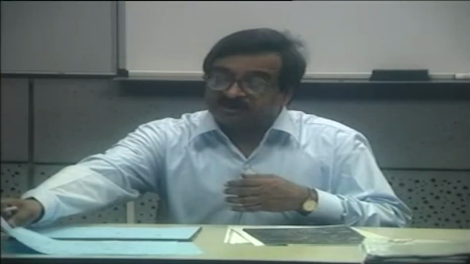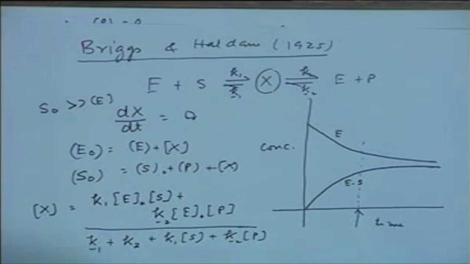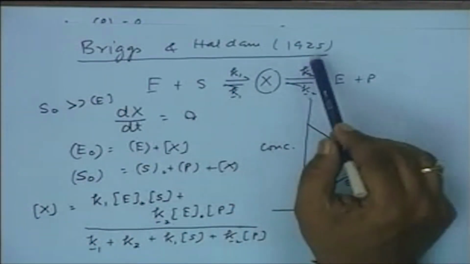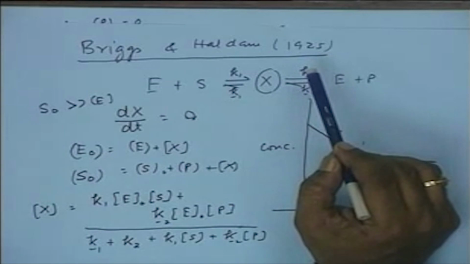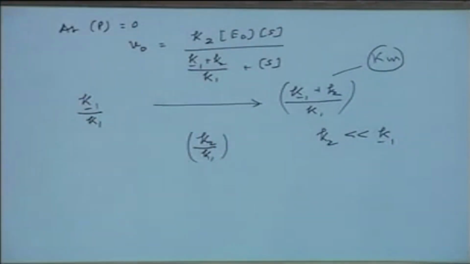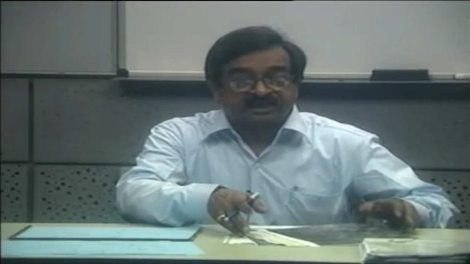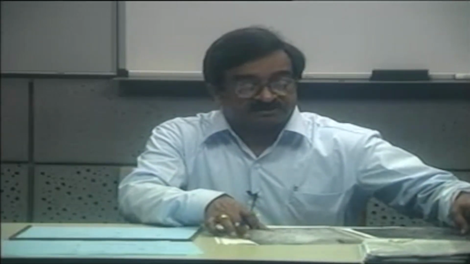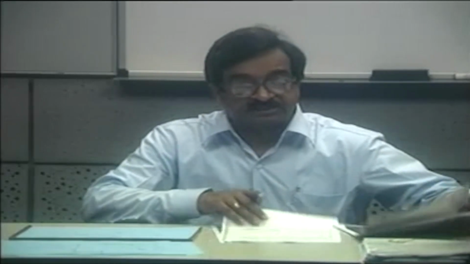The rate constant K2 is in some cases fast also, for example in the case of invertase itself K2 has a significant magnitude, but in many enzyme catalyzed reactions K2 is very small compared to k minus 1, and therefore the two hypotheses provide you a very similar sort of inference as far as the kinetic function of enzymes is concerned.